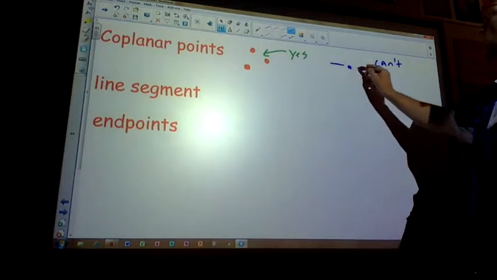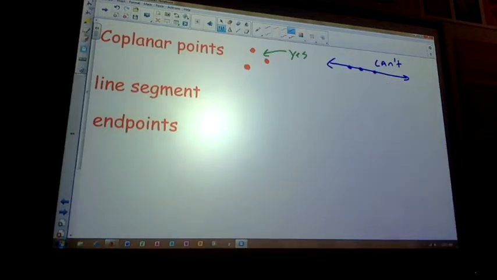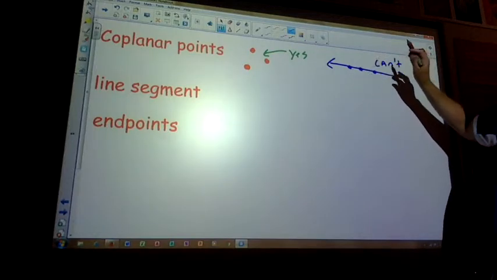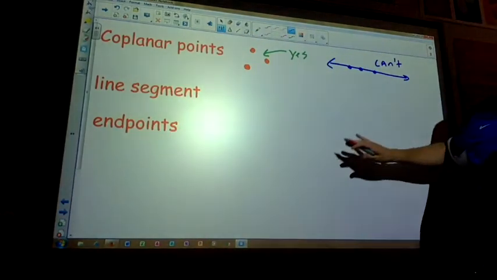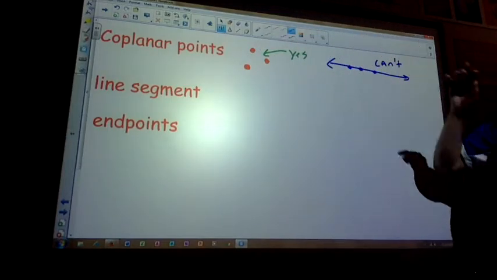Okay, so collinear points can indeed be coplanar, but I can't use the collinear points in a series of three to define a plane itself. And the plane we can talk about here is the smartboard that I'm using. So these 3 points cannot define this smartboard plane, but these 3 points can because they are not collinear.